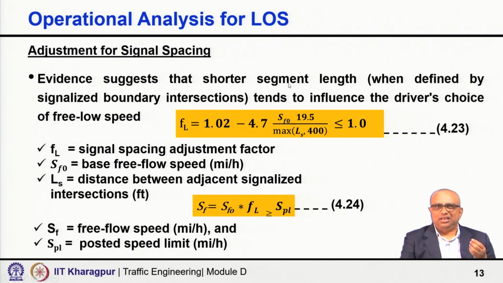Evidence suggests that shorter segment length, particularly where the segment is defined by signalized boundary intersections, with two signalized intersections at the upstream and downstream ends, tends to influence the driver's choice of free flow speed. So, when the segment is shorter, the free flow speed is influenced.